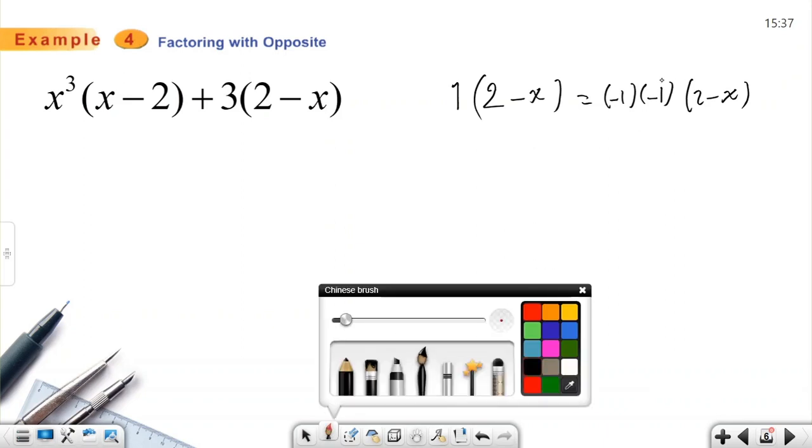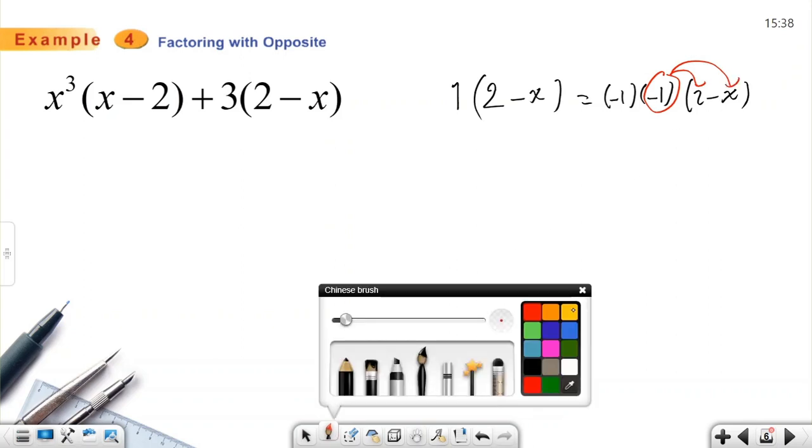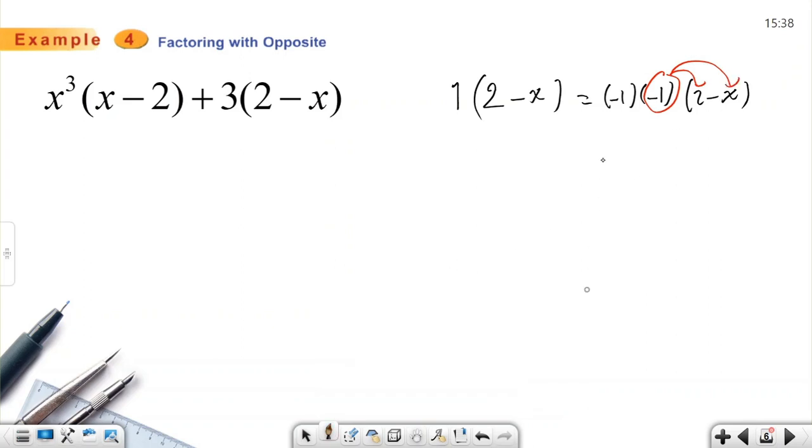So here, I'm going to take this negative and multiply with the algebraic expression inside the parentheses. That becomes minus 1 times negative 1 times 2 is negative 2, negative 1 times negative x becomes positive x. I can change these two terms' places. It's equal to minus 1 times x minus 2. So 2 minus x is equal to minus 1 times x minus 2.